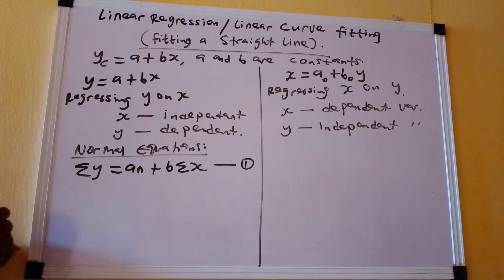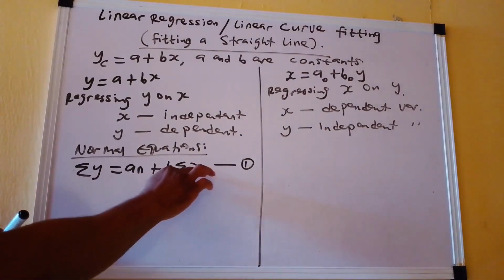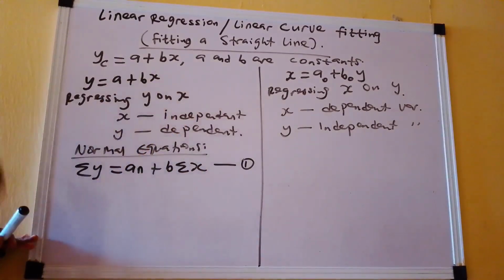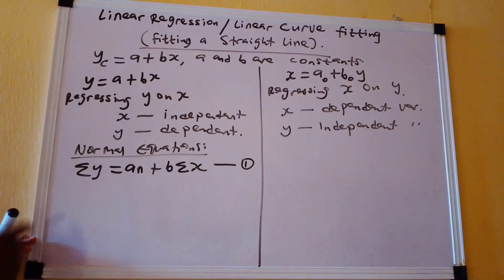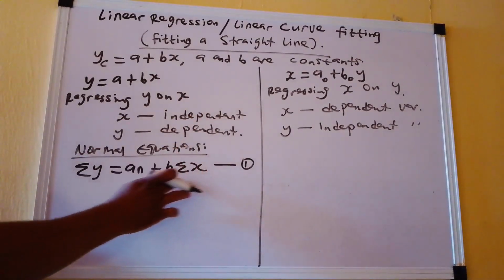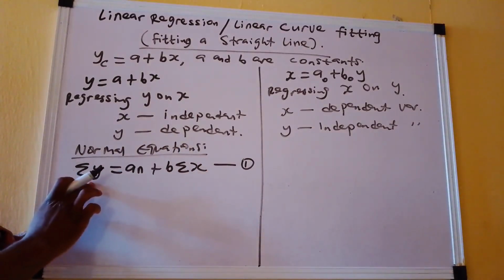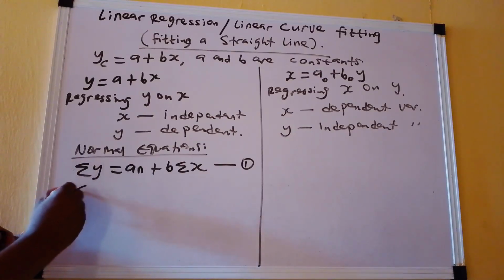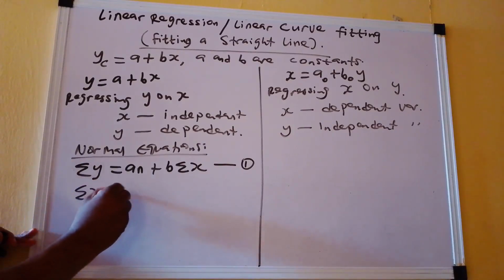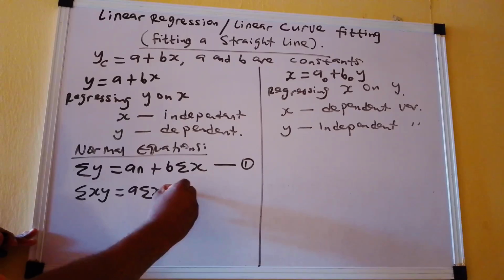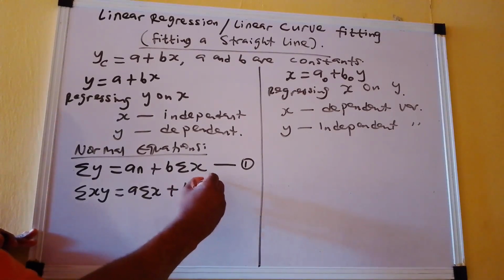Then the next one, you do something to this. You multiply this first equation by the independent variable. Our independent variable here is x. So you use it to multiply equation 1. Multiplying equation 1 by x, this becomes summation xy is equal to a summation x plus b summation x squared.